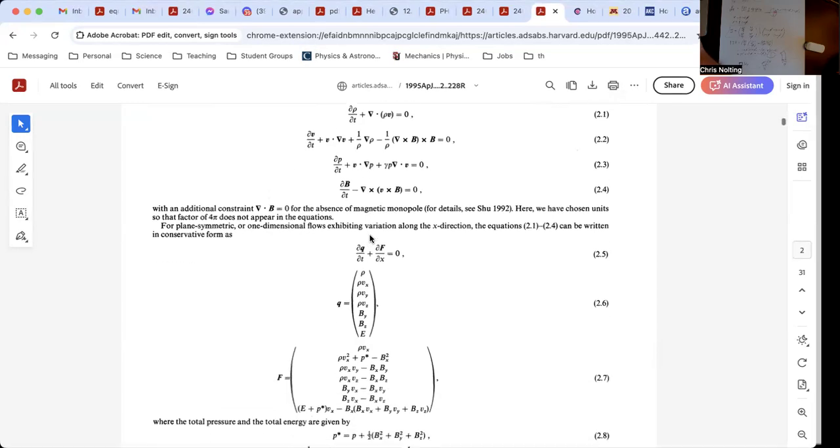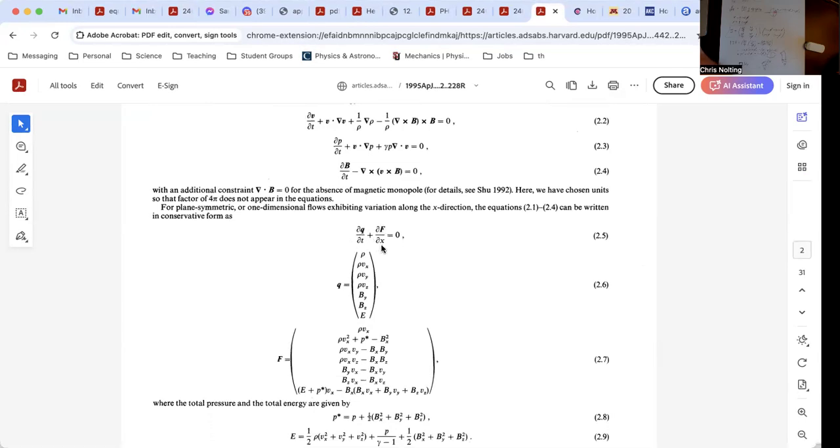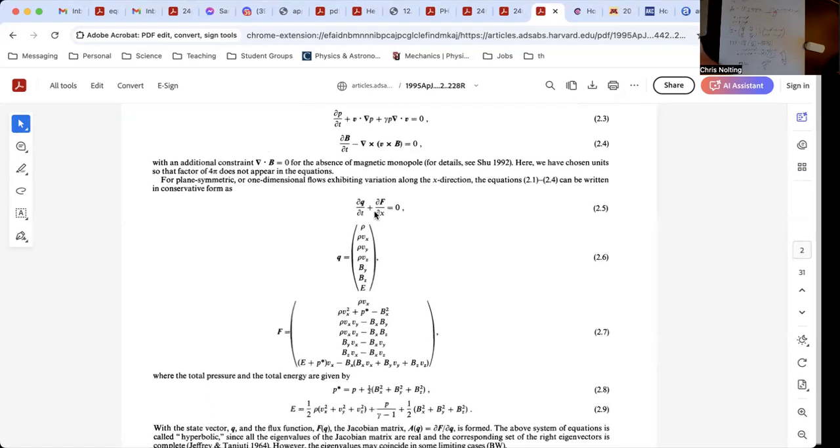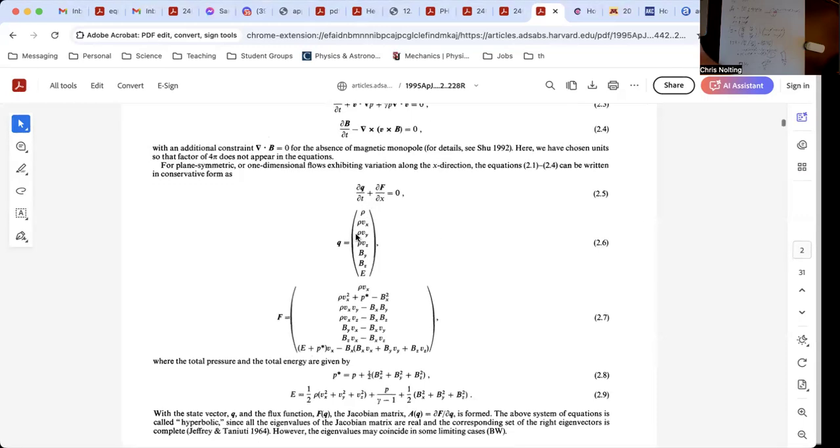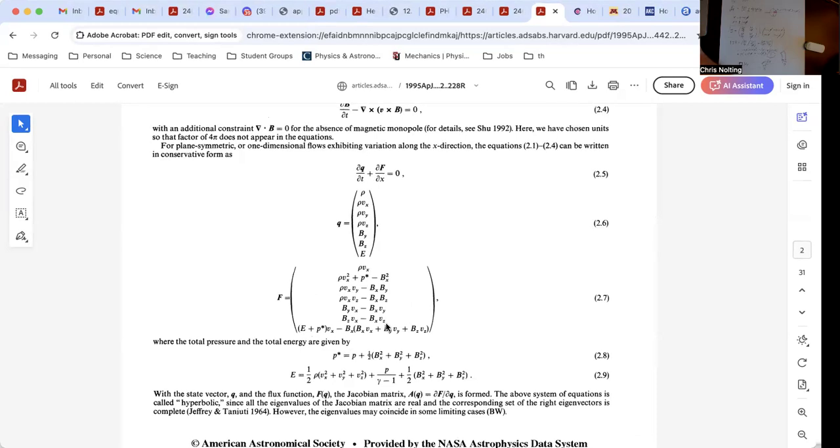What is important is we can write out these equations in terms of a conservation equation, meaning these things are conserved, and then these are the fluxes of those things moving in and out of any volume of physical space.